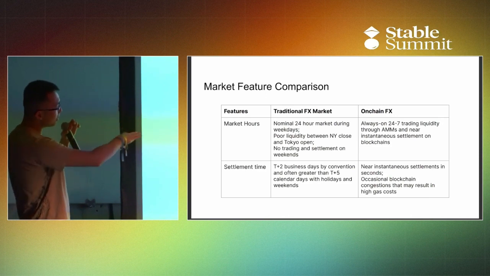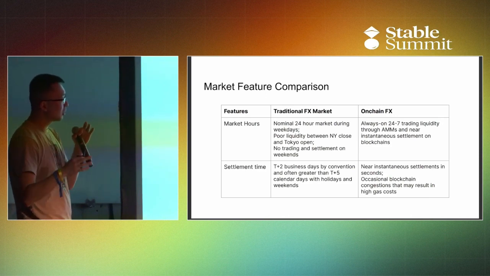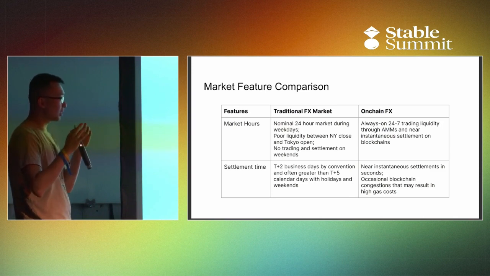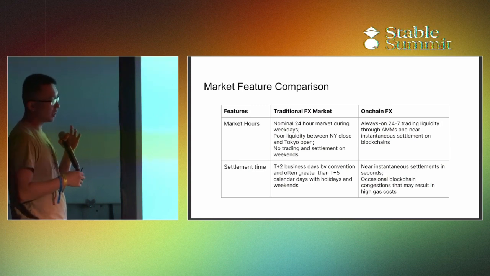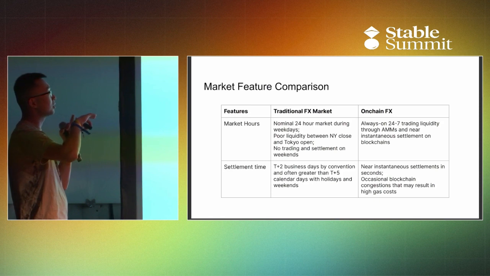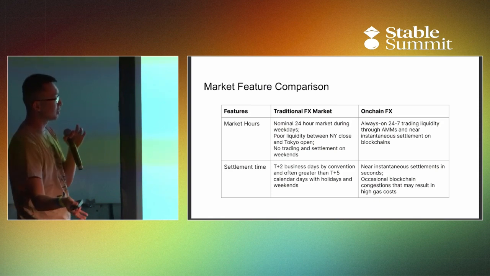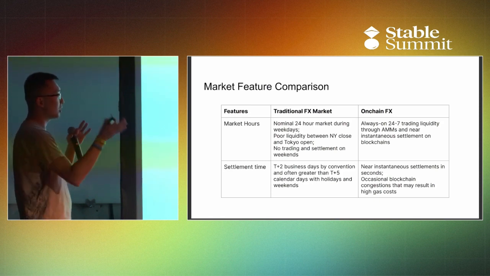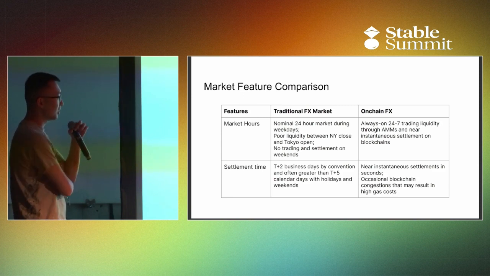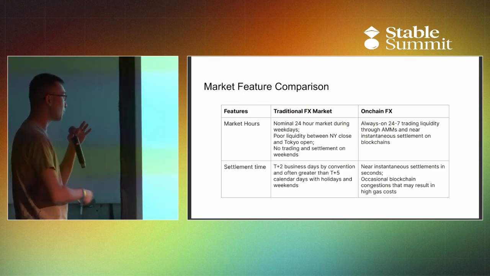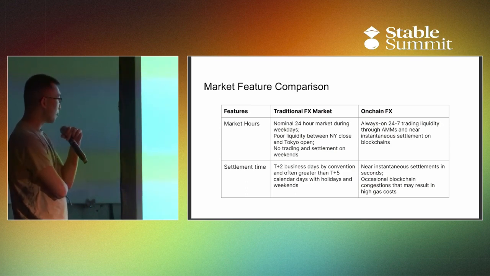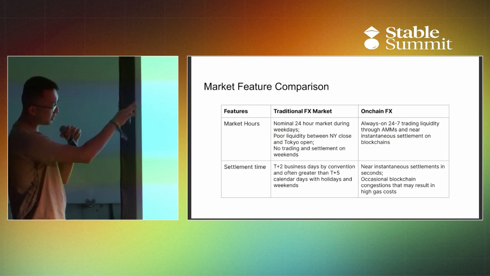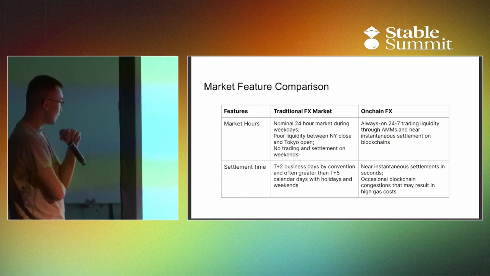And even though it's nominal 24 hours, there are some weird things happening whenever the New York desk is trying to close their book, and after New York, Asia is trying to open, and then it's Europe. Basically, the best liquidity is like New York morning or something, but it varies between the day. Whereas on the AMM, it's always there, it's always available. And I'm going to show some stats demonstrating that that's the case.